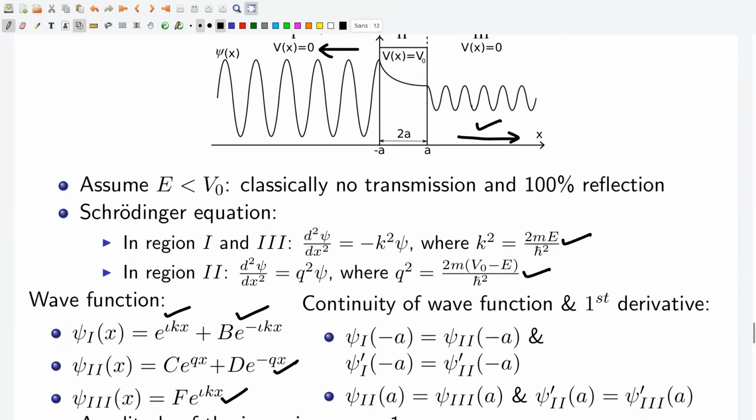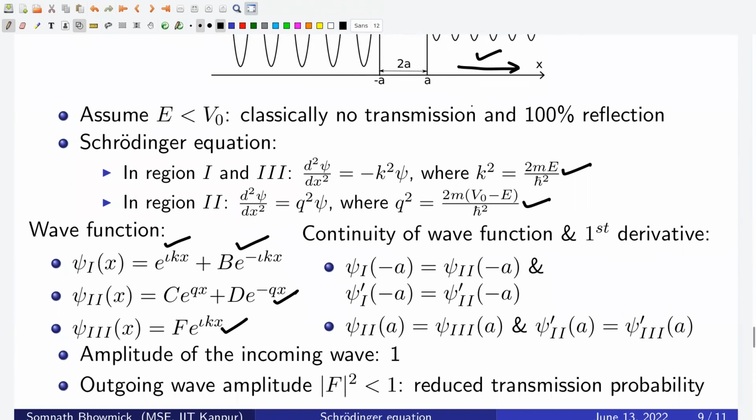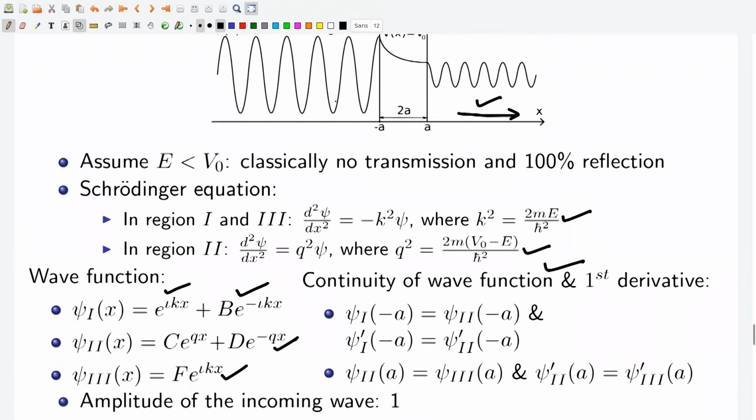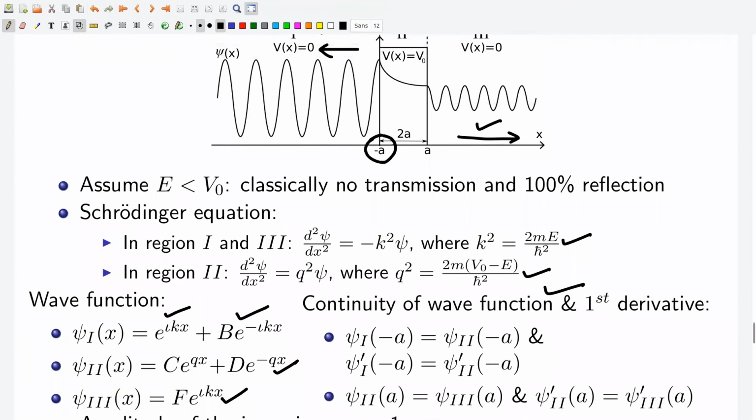Now the wave function and its first derivative must be continuous, and we just have to maintain the continuity at x equal to minus a as well as x equal to plus a.